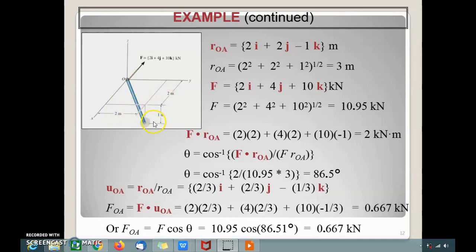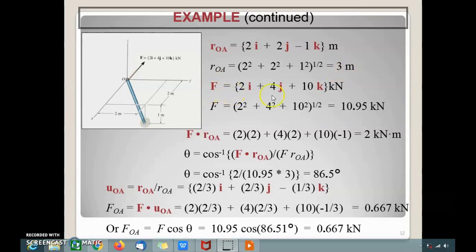Using the equation to find ROA, you get the vector ROA is 2i plus 2j minus 1k. For the scalar, square and square root, so you get 3 meter.